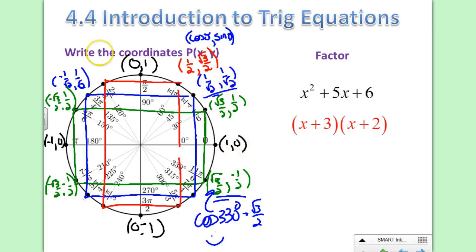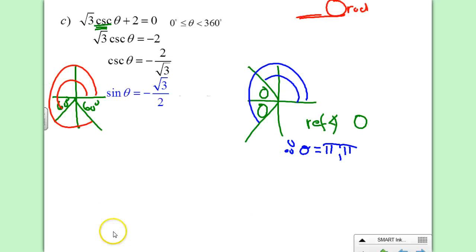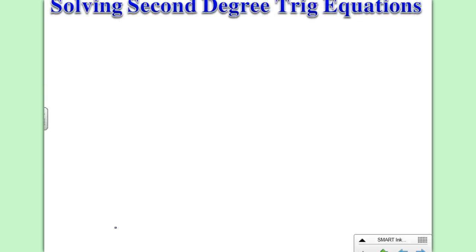You can see around the circle some of the other questions that we asked. When is the sine of theta equal to 1/2 or root 3 over 2 or whatever? We can use this as well rather than using reference angles and so on. Okay, so there was our answer for this: x equals pi plus 2 pi n, n an element of integers.